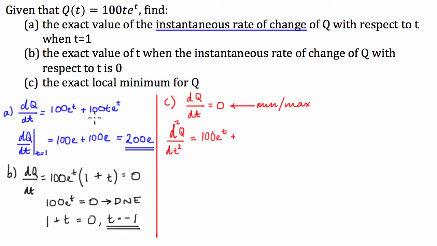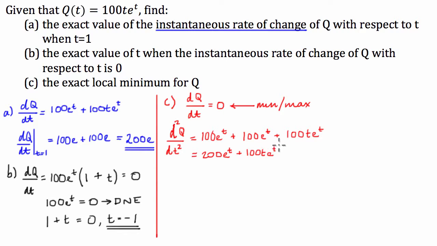So the derivative of this is going to be this, plus 100e to the t, plus 100t e to the t. Cool. Which will simplify down to 200 e to the t plus 100 t e to the t.